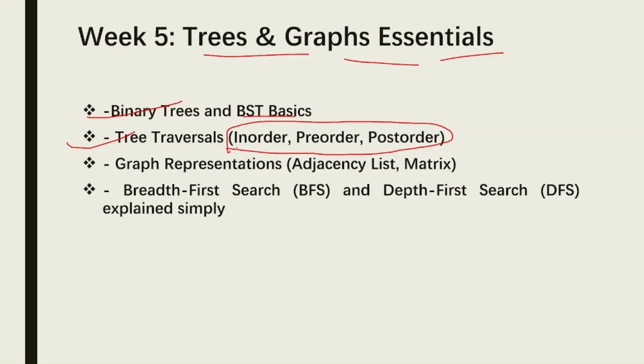We will discuss all about trees in week 5. The second is graph representations. We will discuss adjacency list and matrix, two ways of representing a graph, and we will discuss both of them. And the last one is BFS and DFS of a graph. These are the searching algorithms of graphs. BFS and DFS are very important algorithms. So this is all about week 5 content.